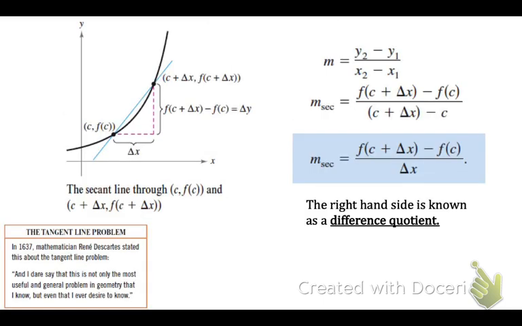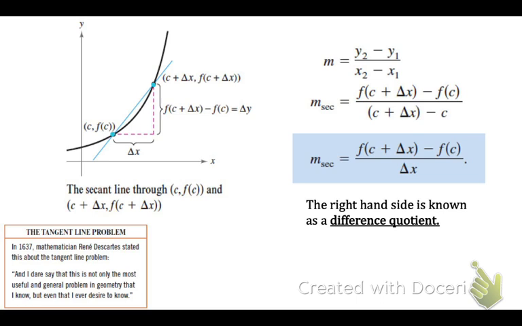Okay, so we want slope, yes? We want rate of change, we want slope. So one way we can do that is to draw a secant line between 2 points. A secant line is a line that intersects an object, guess how many times? Twice. A tangent intersects an object how many times?